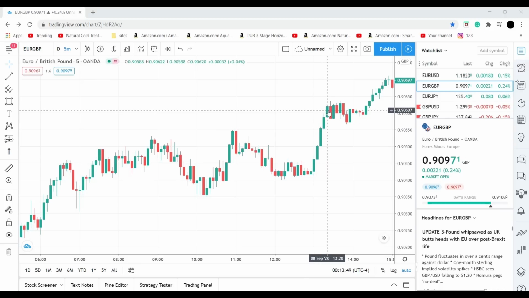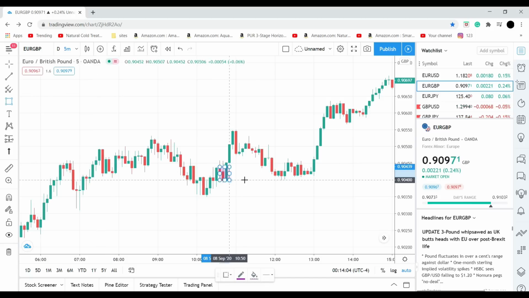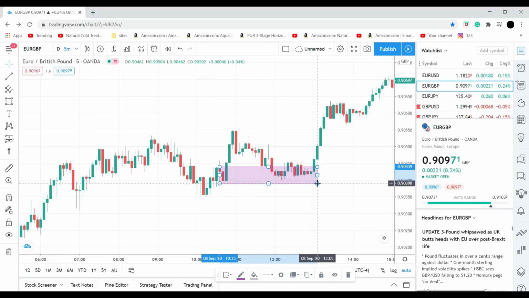But minimum 3 candles, not tiny candles. We want to see nice momentum behind these candles, and we're waiting for price to come back to these zones, and we're looking to attack. So that's how I find my zones.